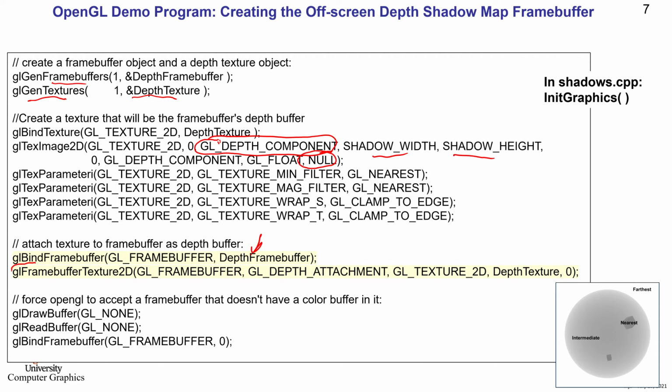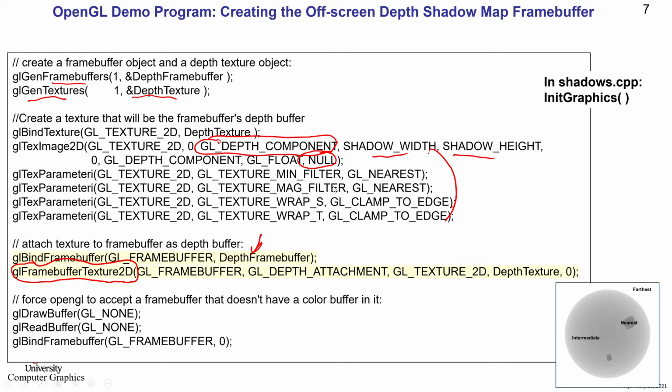But this is the magic call right here, which essentially says, take this texture and link it as the frame buffer. So we are going to render, but instead of rendering to the monitor, it's going to render into this texture that's just sitting there.